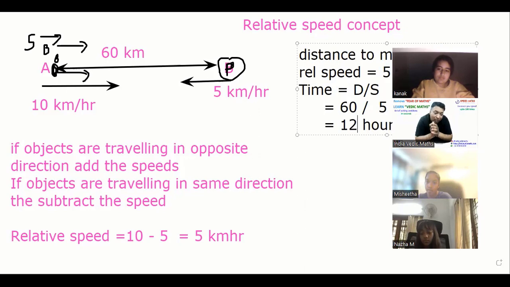It will take 12 hours for the faster person to catch up, because the first person is already ahead. That's it. Got it? That is the reduced speed concept, whether objects are moving towards each other or in the same direction.